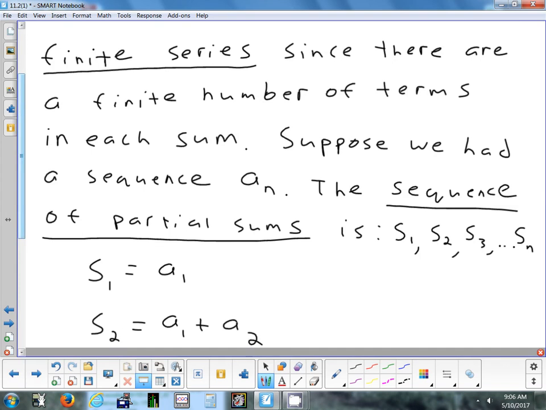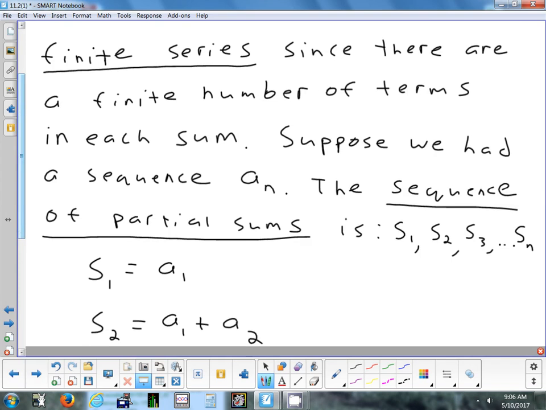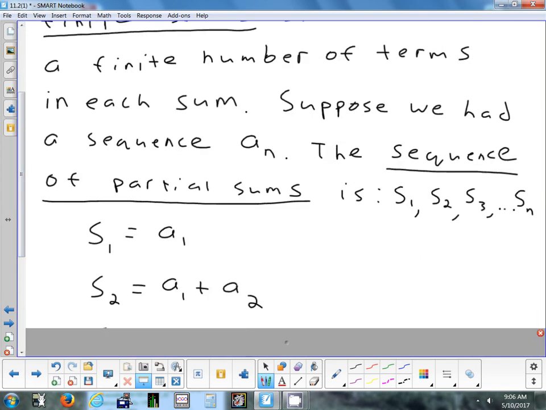Okay, the first partial sum is always easy to find because it's the sum of the first 1 terms in the sequence. Well, if you're only adding up the first 1 terms, there's nothing to add. So the first partial sum is just the first term in the sequence. The second partial sum is the first term in the sequence plus the second term in the sequence added together.